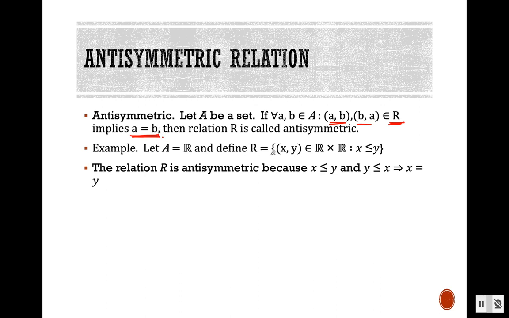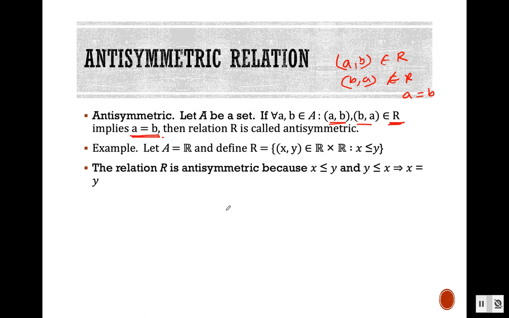Other than that, for any other numbers, if (a, b) belongs to R, then (b, a) will not belong to R. They can both belong to R only if a equals b.